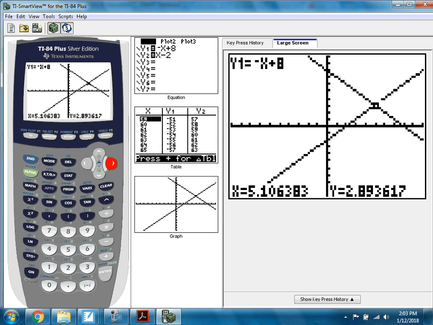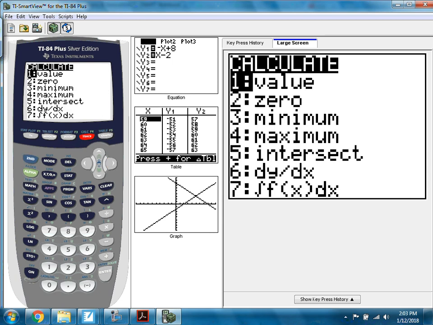Now I want to show you something. If you go to calculate, calculate is second trace. What do you think we're going to use? Number 5, intersect. So everybody press 5 for intersect.